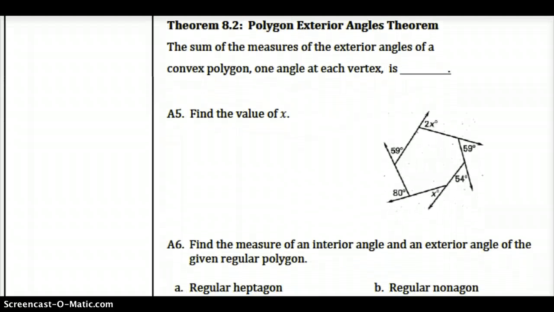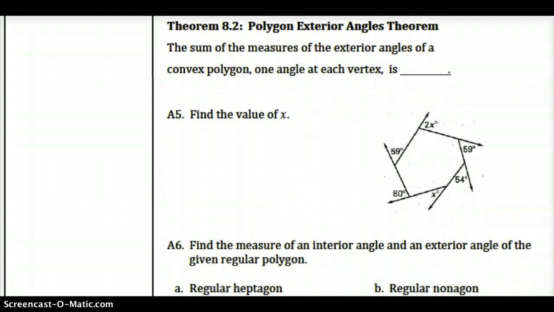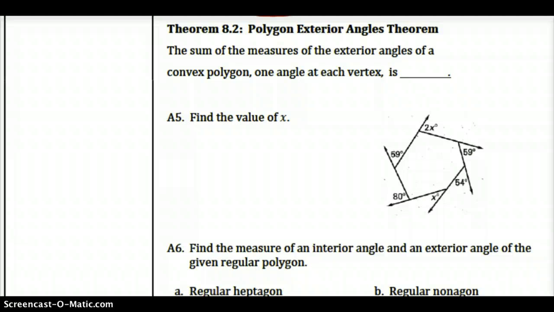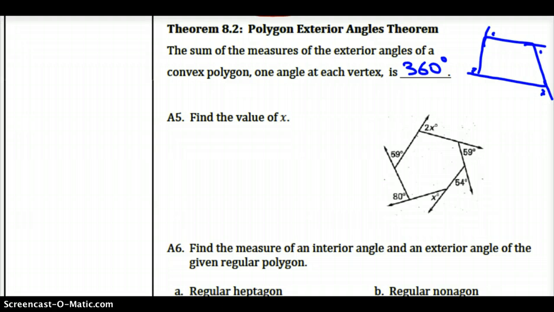Now, as we talked before, we have exterior and interior angles. Exterior angle set again. Let's just take a quadrilateral. Extend, extend, extend, and extend. Here's my exterior set of angles. And no matter how many sides you have, this is a constant of 360 degrees.